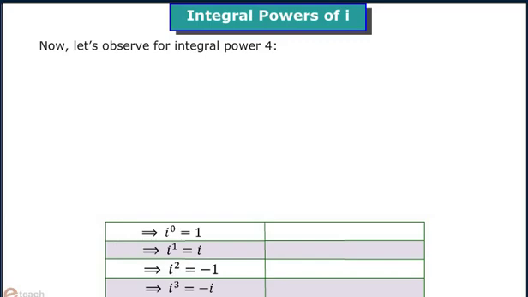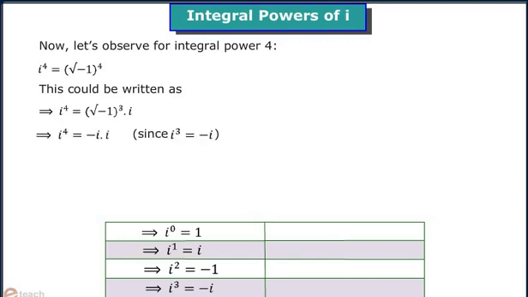Now, let us observe for integral power 4. Iota raised to the power 4 equals under root of minus 1 raised to the power 4. This could be written as iota raised to the power 4 equals under root of minus 1 cube into iota.